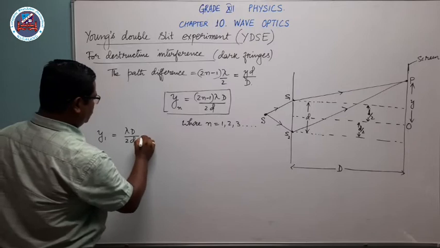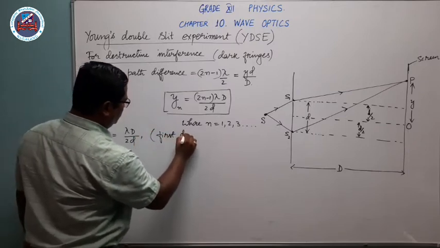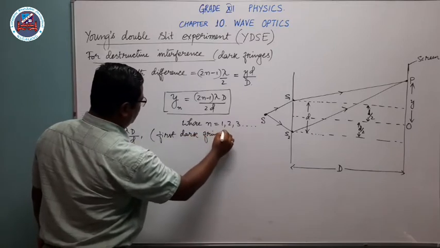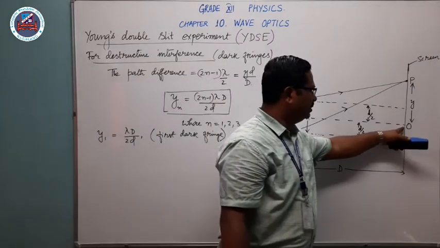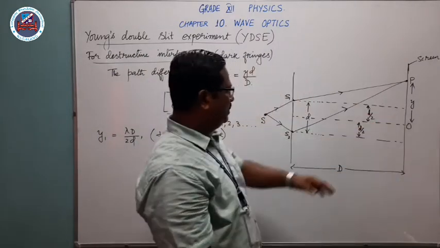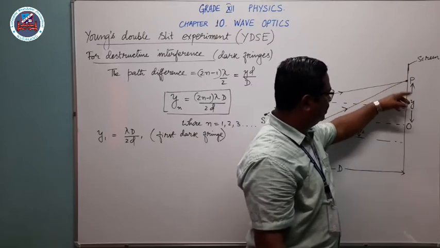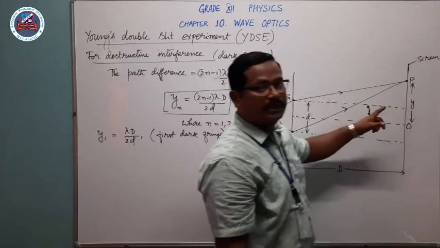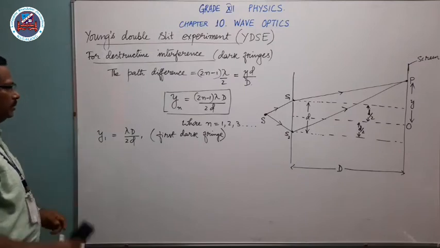This will be the position of the first dark fringe. Here the distances are all measured from the center of the screen. When you say this point P is at a distance y from the center, y1 means where the first dark fringe will form from the center of the screen. That you come to know with this formula lambda D by 2d.